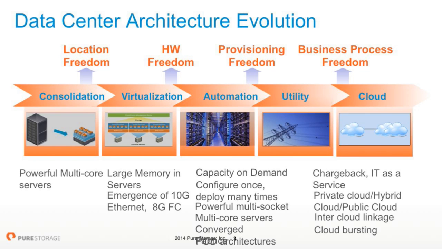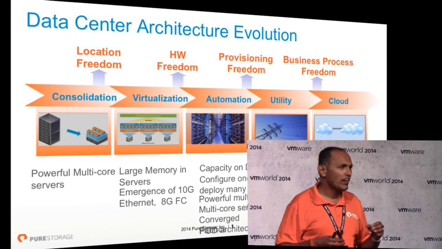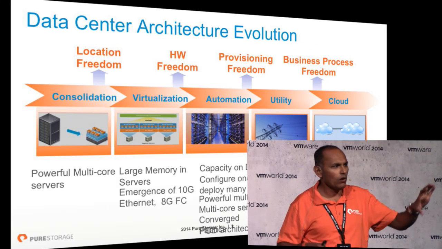Then the whole challenge around doing this was automation. So they started automating everything. As in the past topic, we talked about PowerCLI, which is a great tool for automation. And not only that, there are various workflow managers like vCO and vCOps.